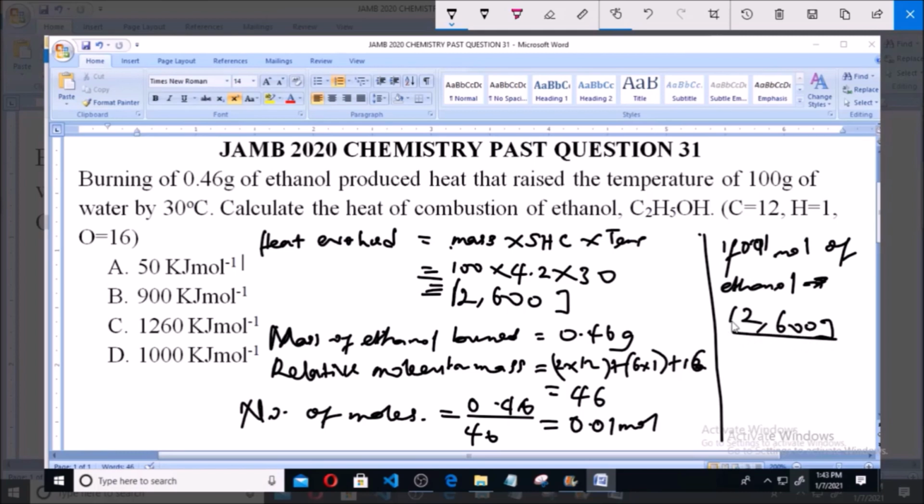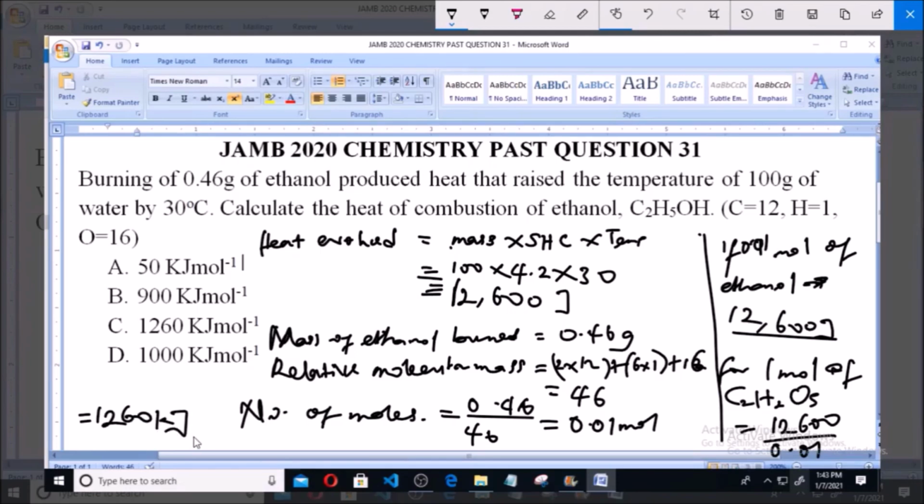Now, what will be the quantity of heat produced when 1 mole of ethanol is combusted? So for 1 mole of ethanol, that will be equal to 12,600 joules over 0.01, and that will be equal to 1,260,000 joules per mole.